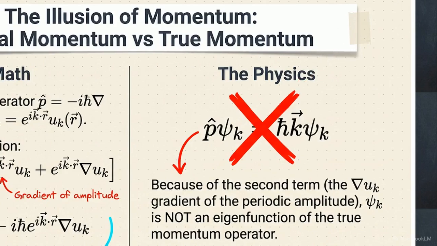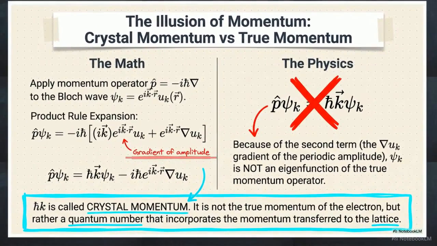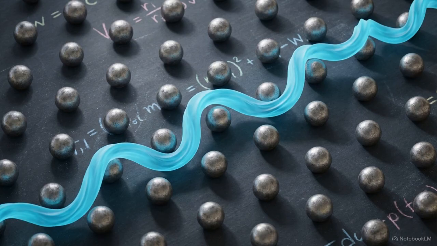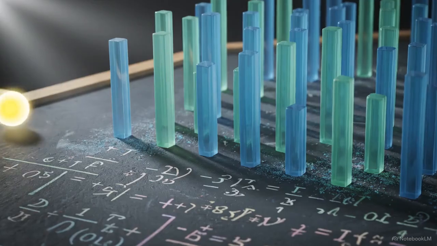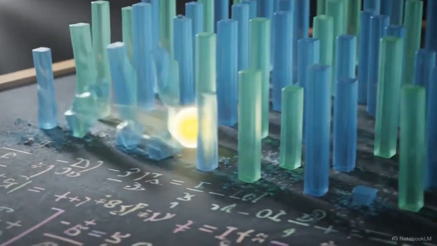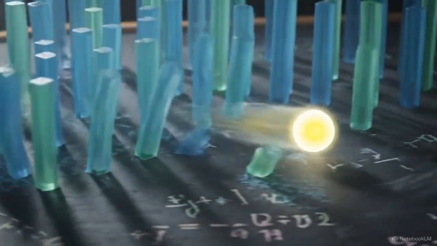Because the periodic amplitude term creates its own mathematical gradient, the electron's wave is not an eigenfunction of the true momentum operator. The lattice dictates electron behavior so heavily that we track its movement using a specialized quantum number called crystal momentum. It accounts for both the electron's free movement and the physical momentum transferred directly to the atomic grid.